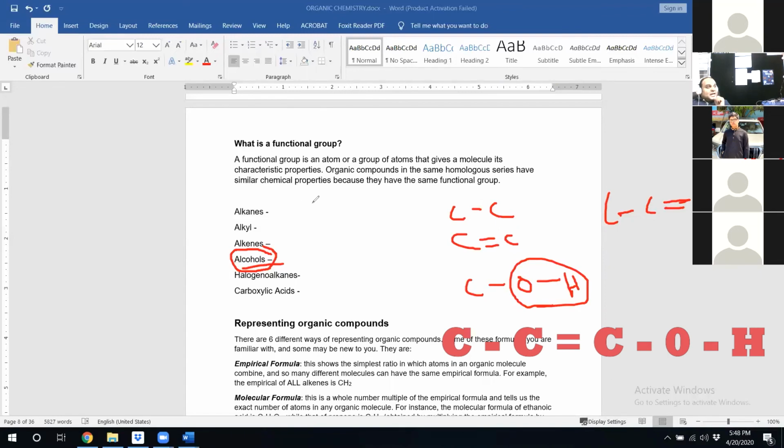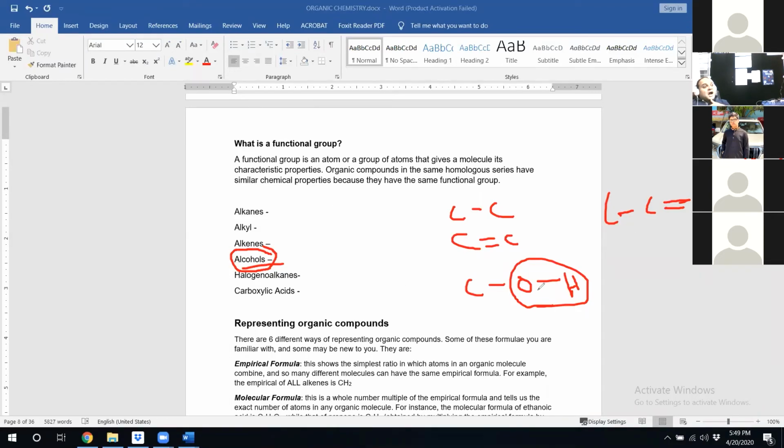So if a compound has carbon-carbon single bonds, then that compound is classified as an alkane. If it has a carbon-carbon double bond, that will be classified as an alkene.